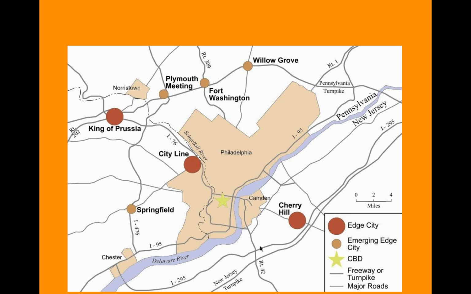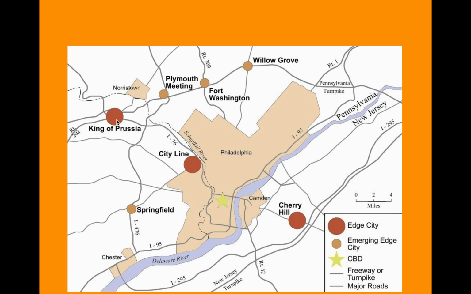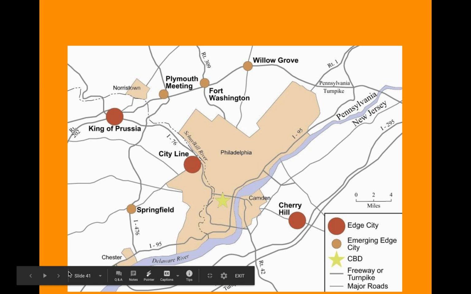When we look at the Galactic City model, we will see large tracts of land available outside the urban loop. And here we have the King of Prussia Mall, which is the largest mall in the United States, an economic pole. But we see developments that are outside the urban loop, and you see homogeneous suburban clusters.